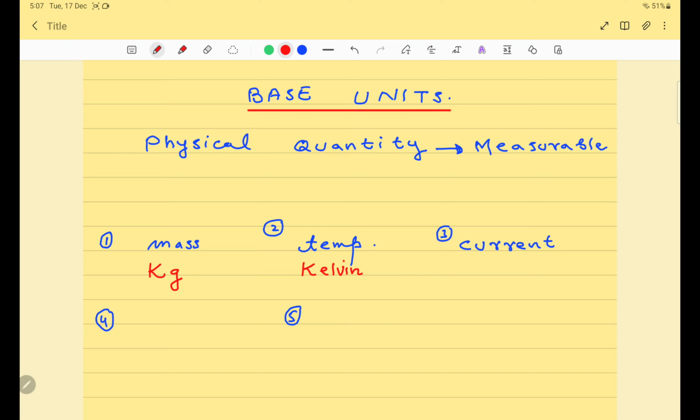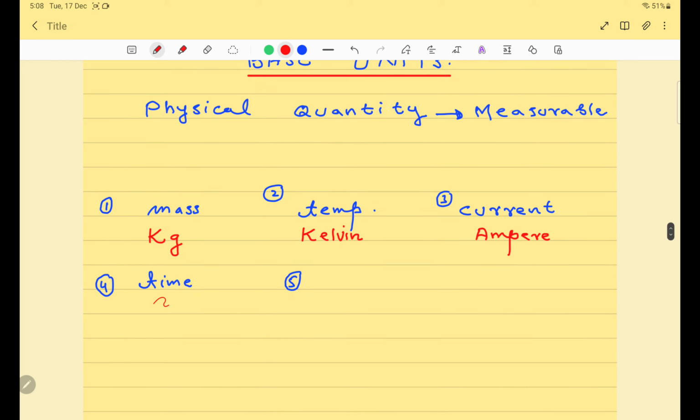And if I ask you what is the standard unit of current, the standard unit of current is ampere. In the same way, you can measure time, and you know time can be measured in minutes, in hours, in seconds, but the standard unit of time is second.